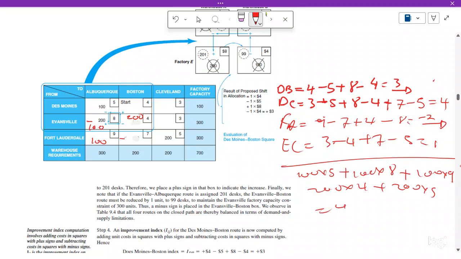The solution is 4,000. What happened to the cost? It went down. Hey.